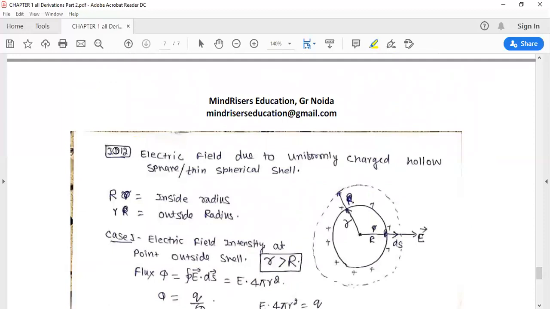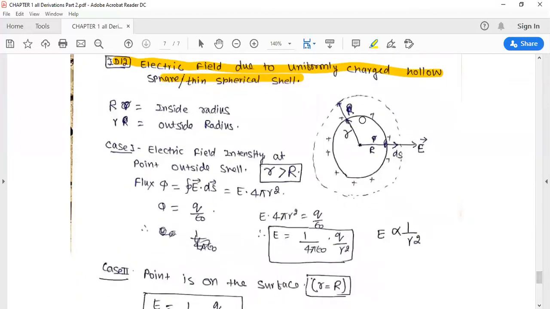The last derivation is the electric field. You have to derive electric field intensity due to a uniformly charged hollow sphere or thin spherical shell. So there is a shell having radius capital R, and up to this point it is small r.